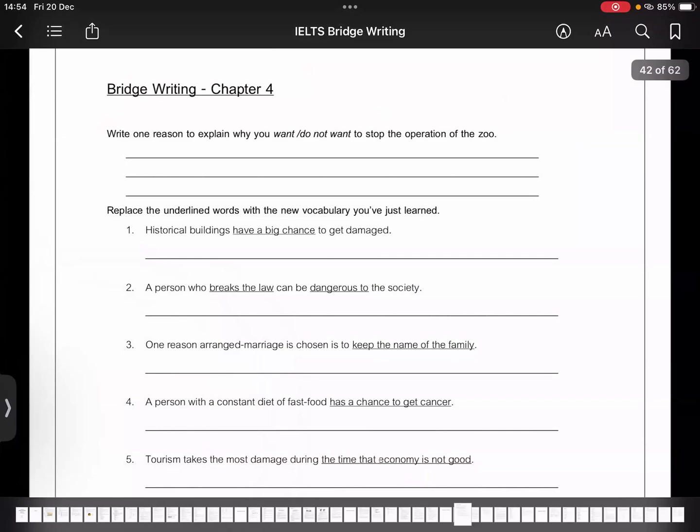Okay, all right, so let's give us 3 minutes to think about reasons why you want the zoos to still be there and probably one reason why you don't want. Maybe you can just take a position. Okay, if you want the zoos to be there then give me one reason, or if you don't want the zoos to be there give me one reason. Okay, let's give you guys 3 minutes to think about it.